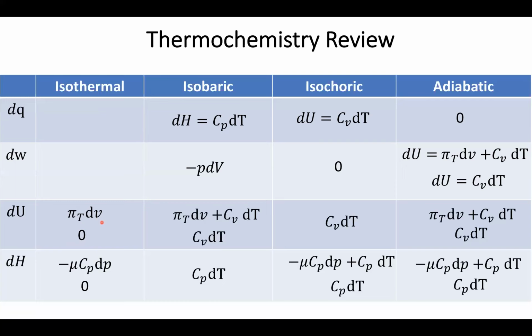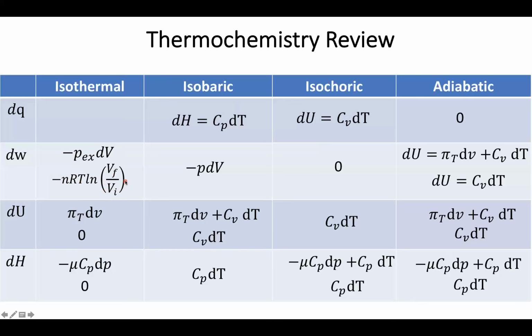Now, this also brings us to an interesting case for work. So, in work, what we end up having is unfortunately our general expression of our negative external pressure times the change in volume. However, if we have reversible conditions, as well as an ideal gas, we're actually kind of lucky and we can do some math magic and some clever integration to get it down to nRT times the natural log of a change of volumes for, say, an isothermal reversible compression.